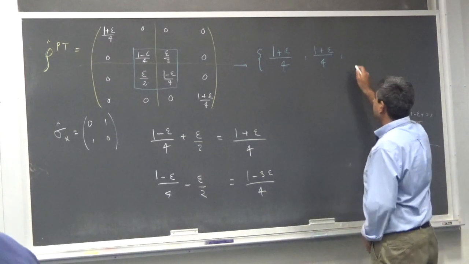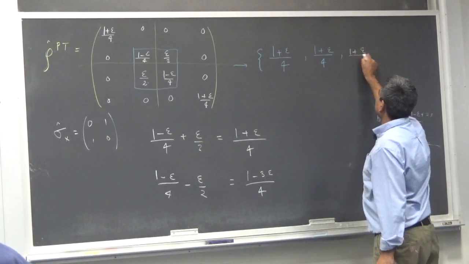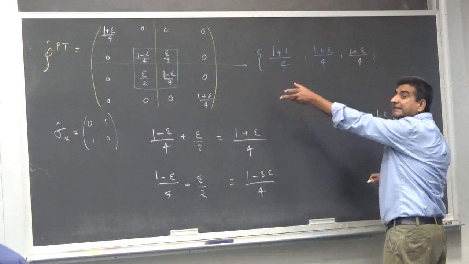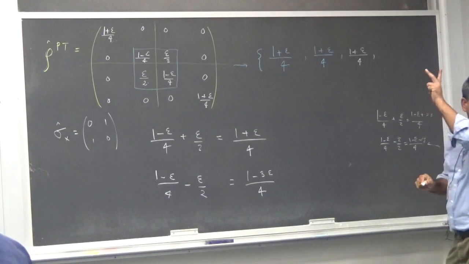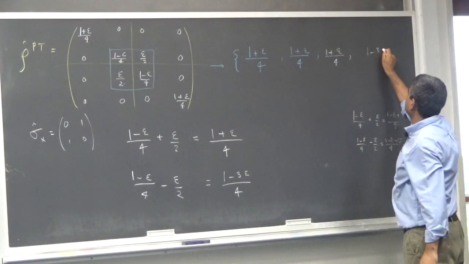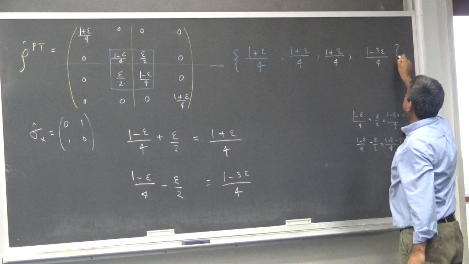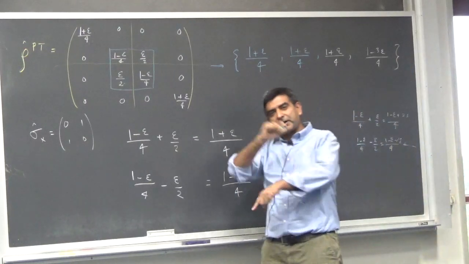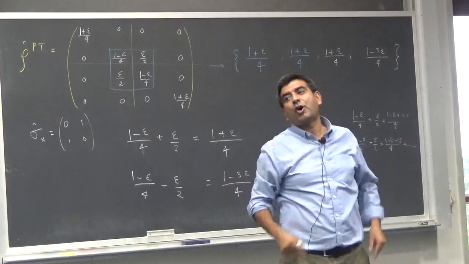So the eigenvalues are 1 plus epsilon over 4 thrice, 3 times, and 1 minus 3 epsilon over 4 once. So these are the 4 eigenvalues of the partial transposed operator.